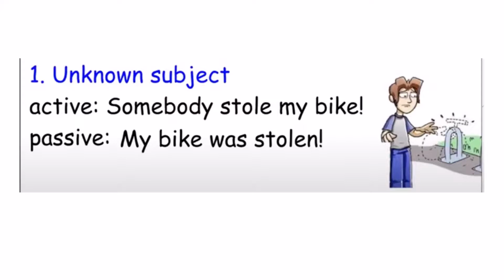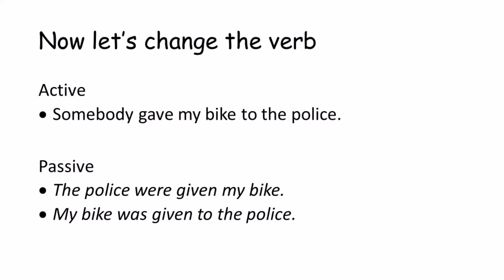And it's interesting that if you use the verb gave, it lends itself to having those two different objects. So there's somebody again. Somebody gave my bike to the police. Okay, so you might say the police were given my bike, and that would be grammatically correct.